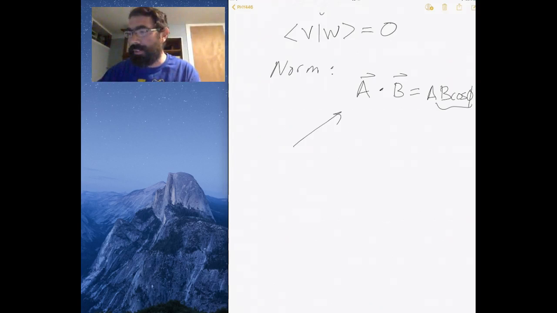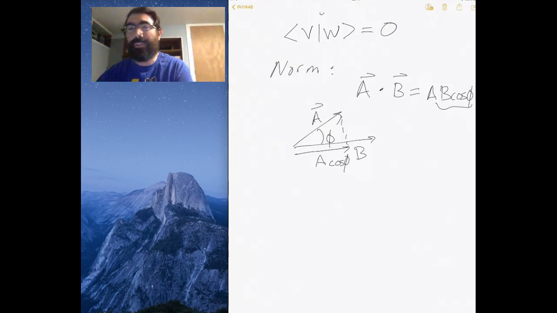So if we have a dotted into b with some angle phi in between them, what we're really looking at is that component of, in this case, a, that lies along the direction of b. So we're multiplying the length of the component of a that lies along the length of b.